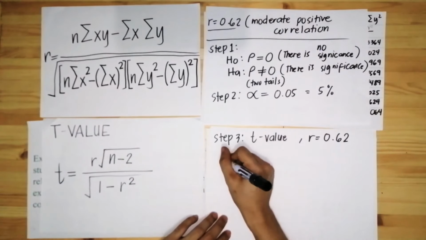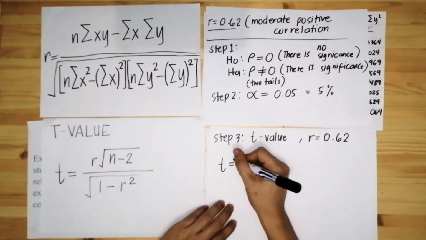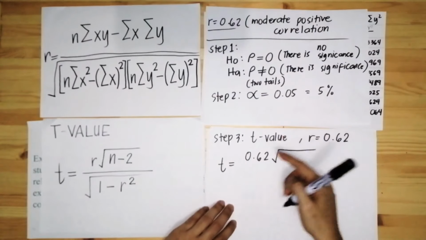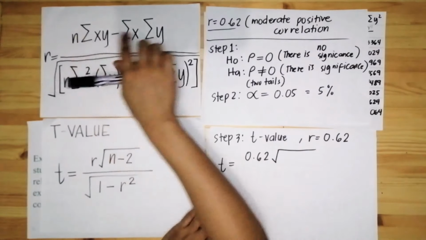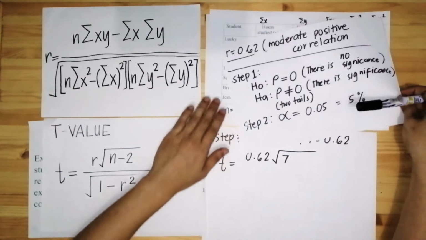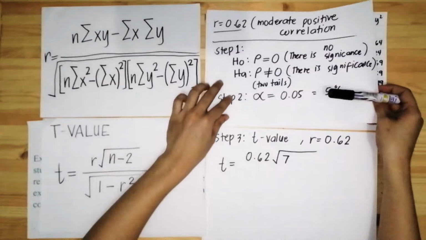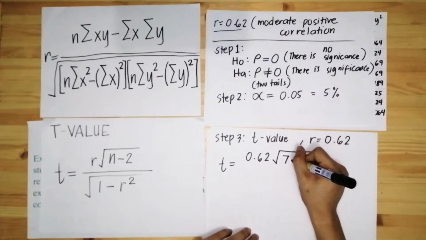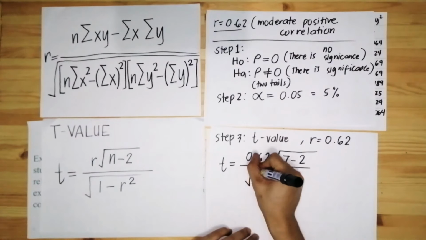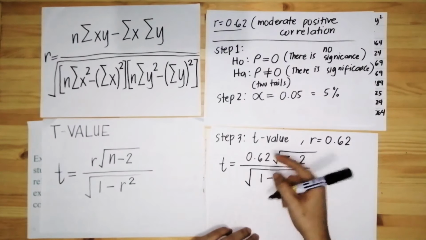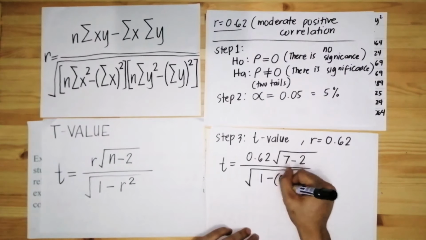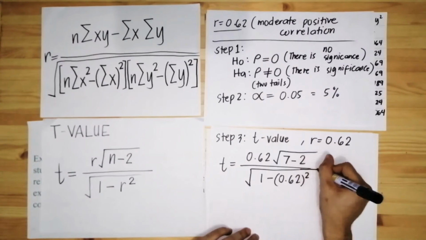So, t equals yung r natin, 0.62, square root of the n kanina, yung n na ginamit lang dito is 7. So, kung ilan yung participants dito, n is equal to 7. Then, minus 2. Over, ito na, square root of 1 minus r ulit, 0.62, then squared.